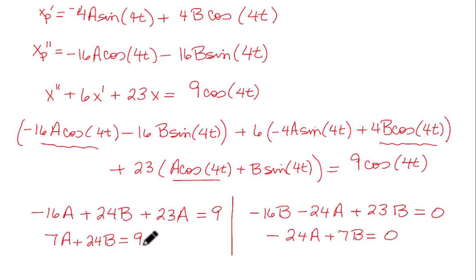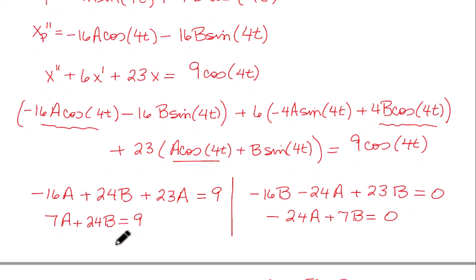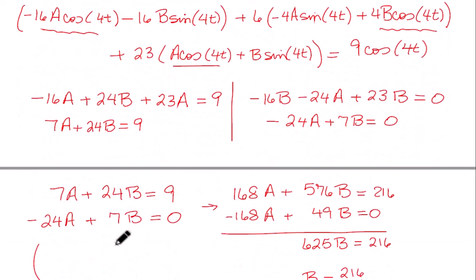What about the sine stuff? Well, got some sine stuff here, sine stuff there, sine stuff there, but there's none on the right, so that's a 0. And so I get two equations and two unknowns that I can solve for a and b.